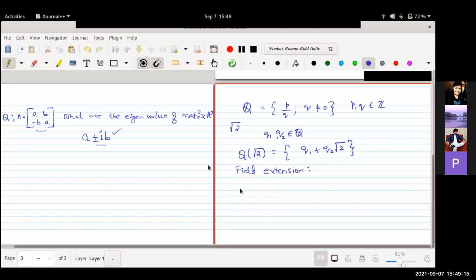So if you remember, you had the set of real numbers. And then you looked at something called x square plus 1, a polynomial in R. If you look at the roots of this, where does the root belong?